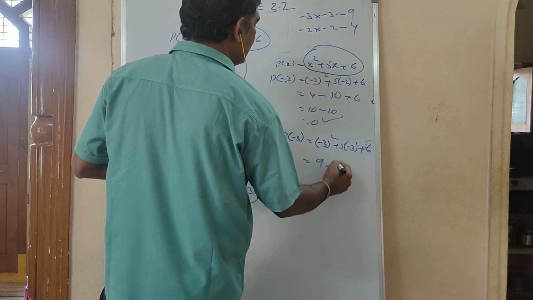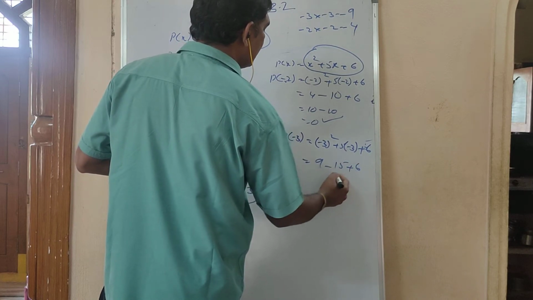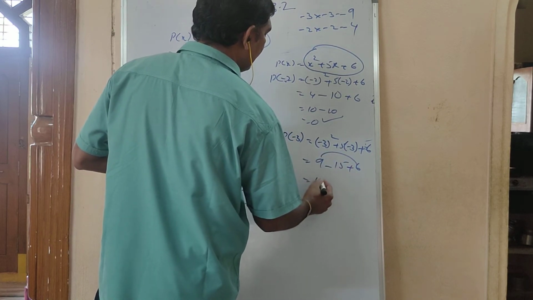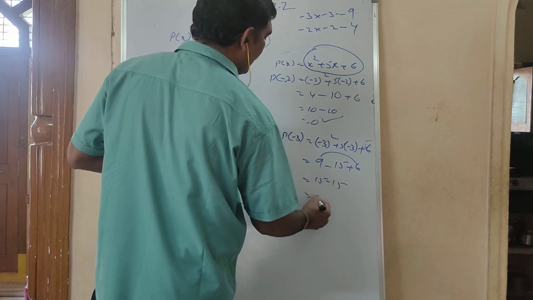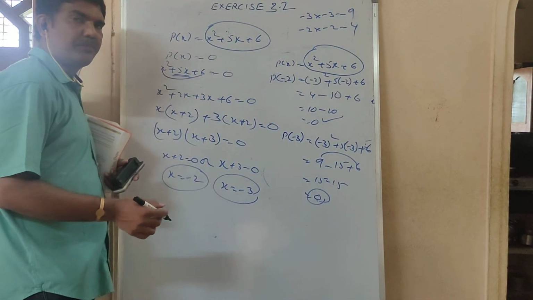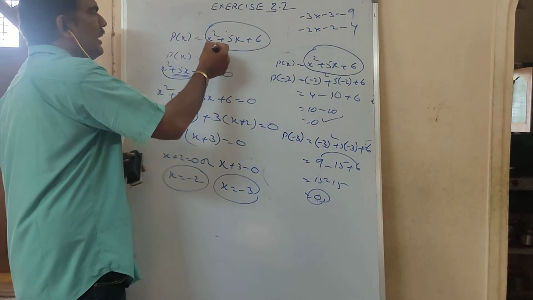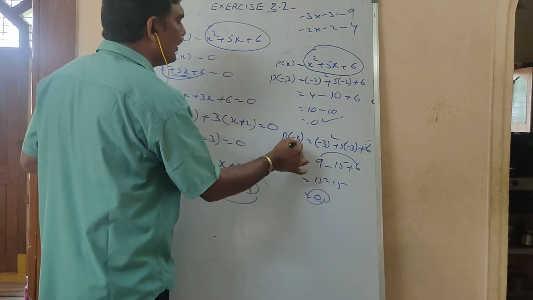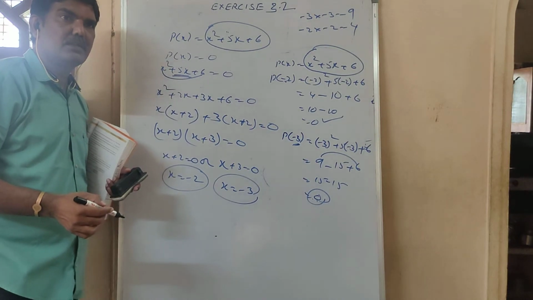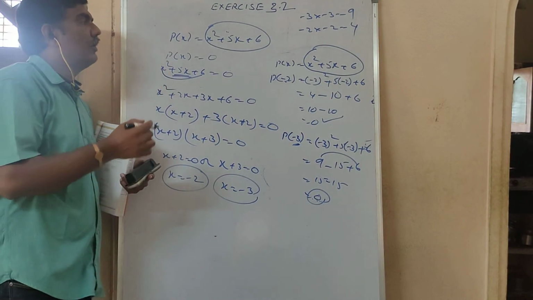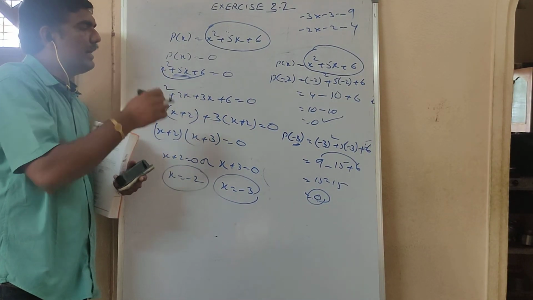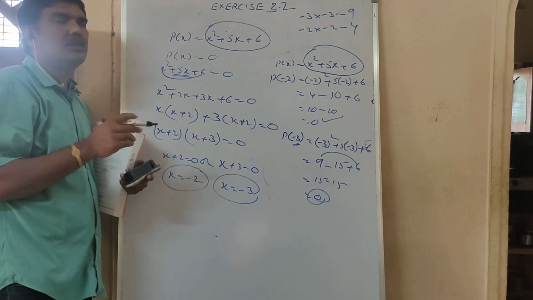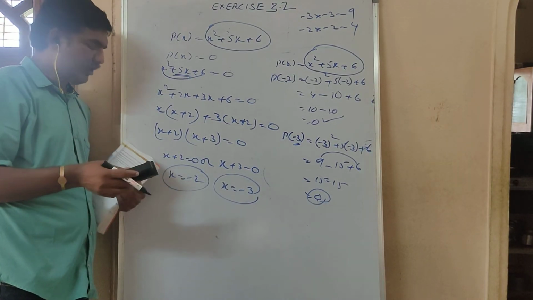Plus 5 into minus 3 is minus 15, plus 6. 9 and 6, add it, 15 minus 15. How much you got? 0. Means this entire polynomial again you are getting 0 by substituting minus 3 in place of x. Okay, so minus 2 and minus 3 are called zeros of the polynomial.